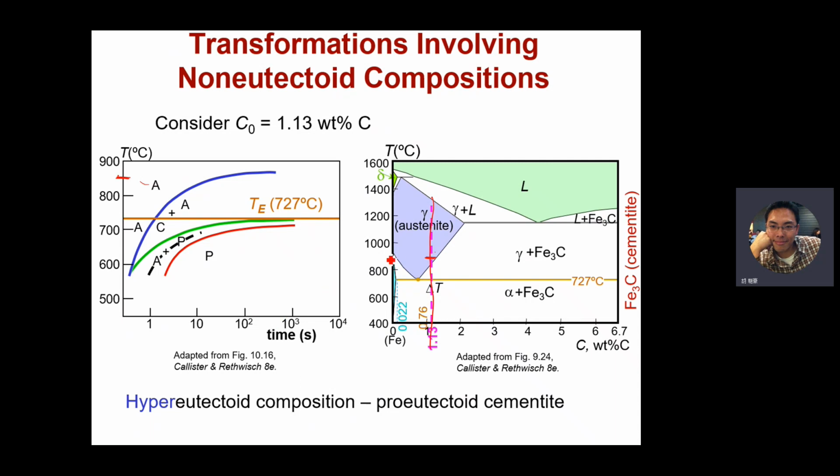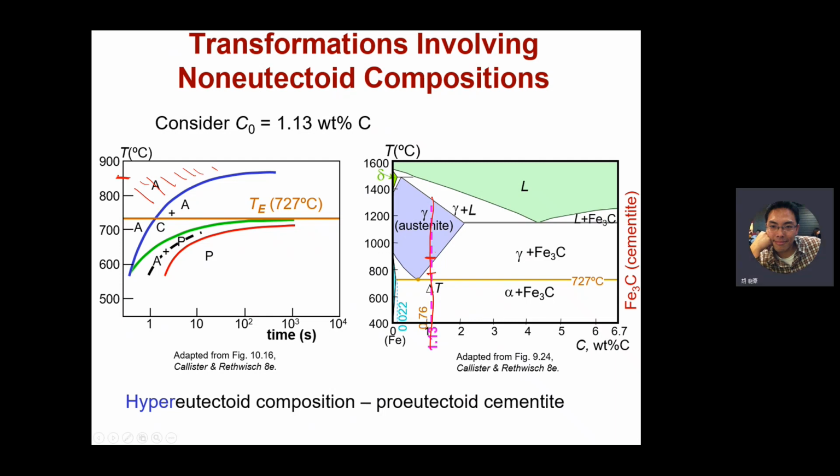Right, therefore, in this temperature with 1.13 composition, what's the phase of this? It's completely austenite, right? Therefore, this region is completely austenite, right? And when we're cooling down to this temperature, say 800, what's going to happen?